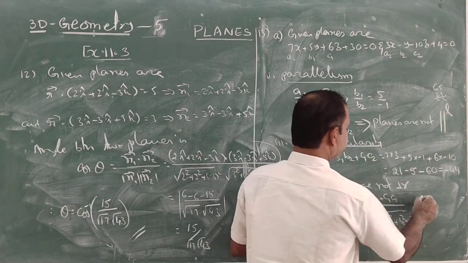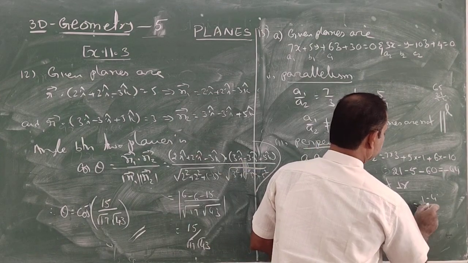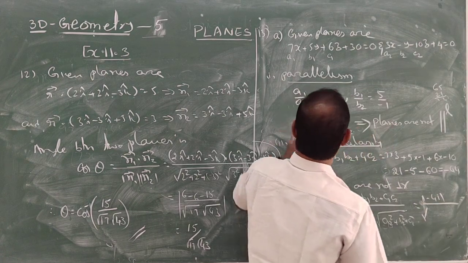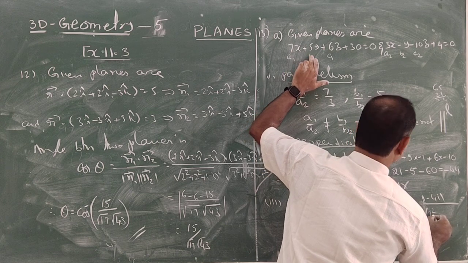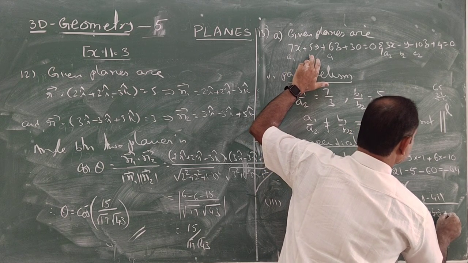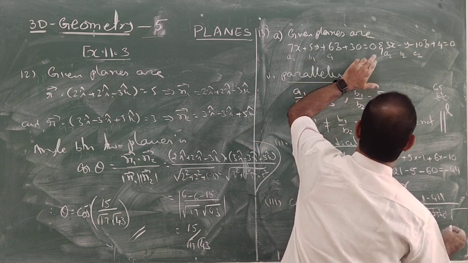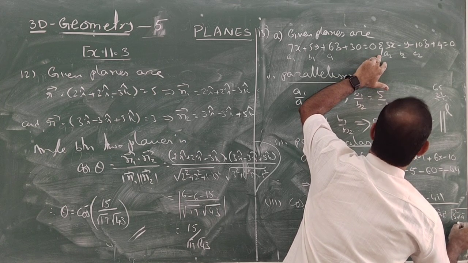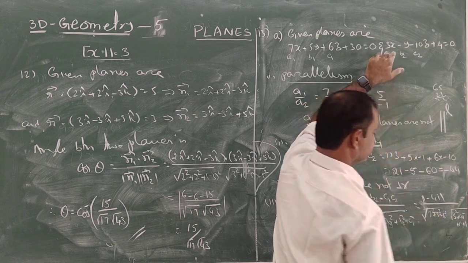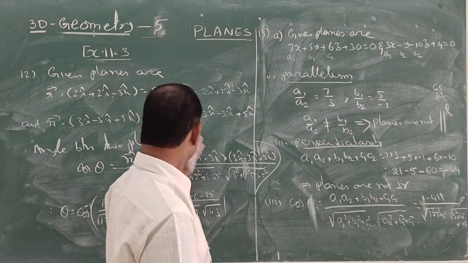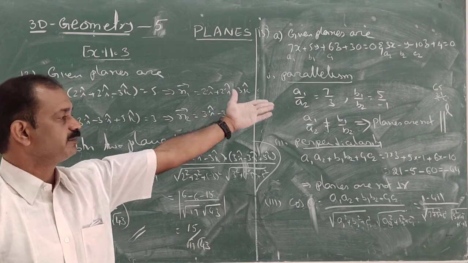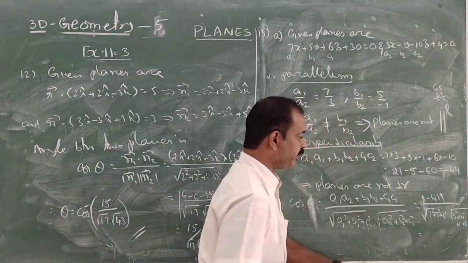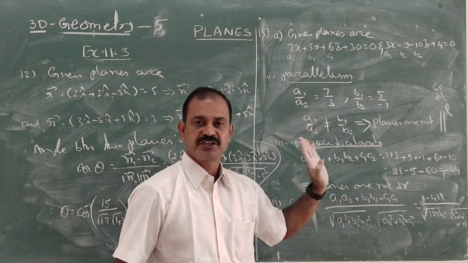So this will be minus 44 by under root of 7 square plus 5 square plus 6 square into under root 3 square plus minus 1 square plus minus 10 square. Same thing, whatever we have done here, same thing you are doing there also. So the calculations I am not doing, you complete the calculation.